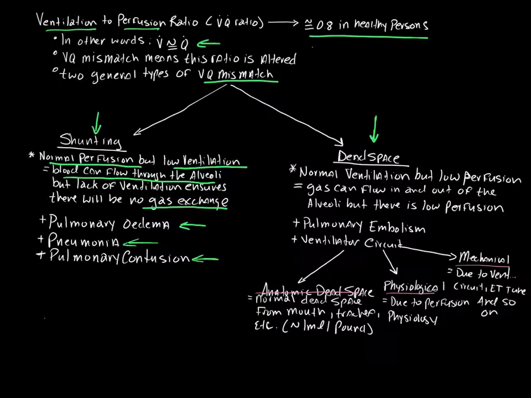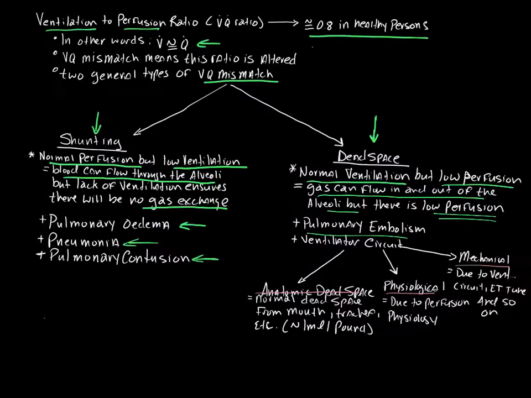Okay, that's shunting. However, dead space is normal ventilation but low perfusion. So I can get gas in and out of the alveoli, but I can't perfuse the alveoli. And what's the classic cause of dead space? Well, pulmonary embolism is the classic thing that's easy to understand.